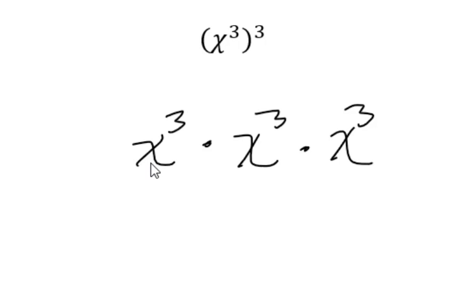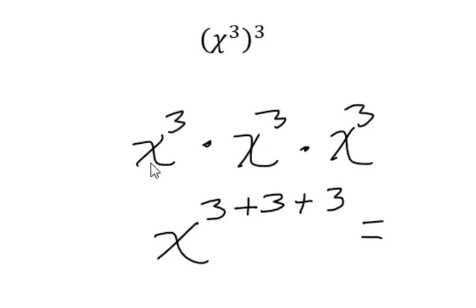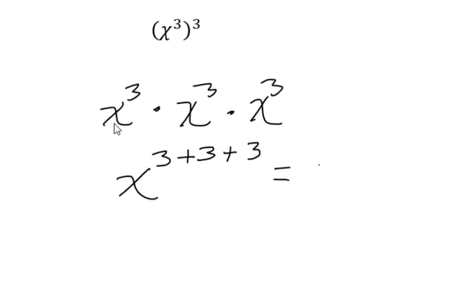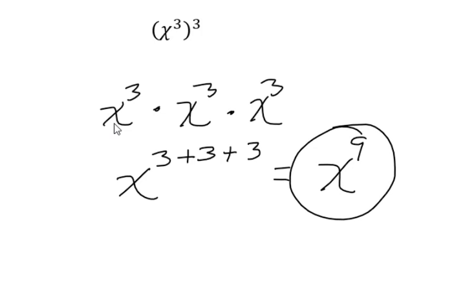And if we follow the rule from last time, I can say x to the power of 3 plus the other power from the other x plus the other power from the other x, and I would end up with x to the power of 9, right? That would be my final answer there if I was simplifying this expression.